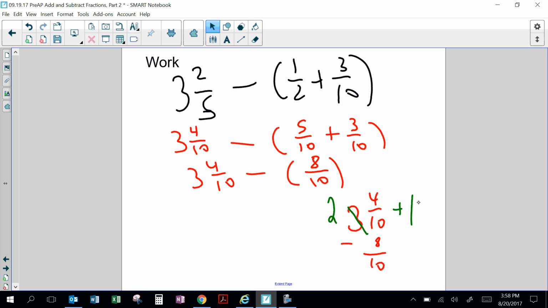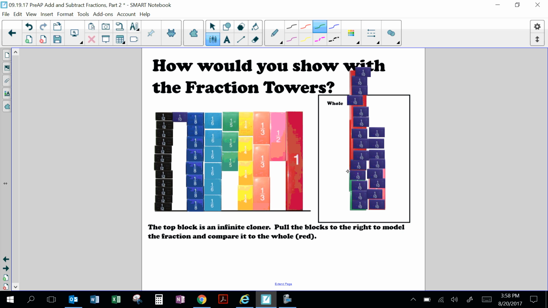I'm going to rename this 1 whole as 10/10. What do you get when you combine these 4/10 right here with this 10/10? It's 14/10. Now can I take away 8/10 from it? Yes, I can. Cut off, cut off, cut off, cut off, cut off, cut off, cut off, cut off. I am left with 6/10.